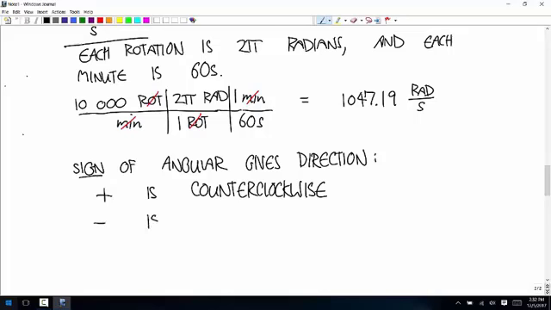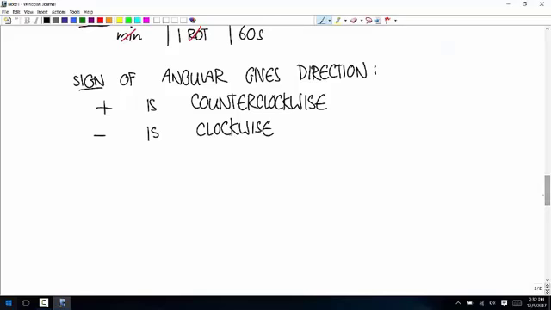And negative is clockwise. You might think it should be the other way, but we didn't get to choose.